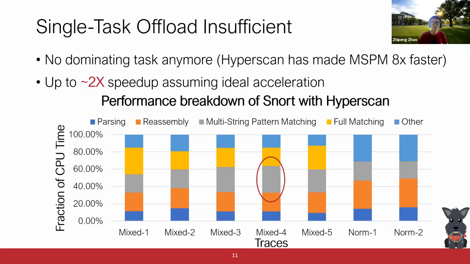And even if we assume we can achieve ideal acceleration, for instance, the multi-stream pattern matching can be accelerated by the FPGA using zero time and without any FPGA-CPU communication overhead, the best we can achieve end-to-end is a 2x speedup, which is far away from the 100x we are targeting.